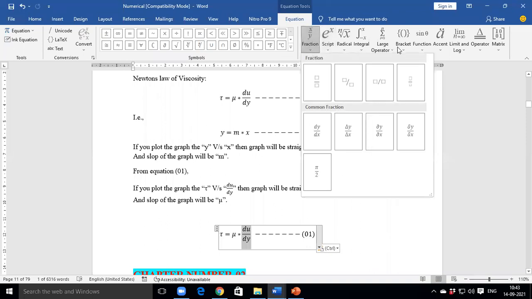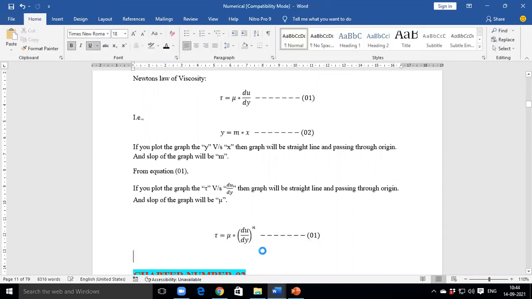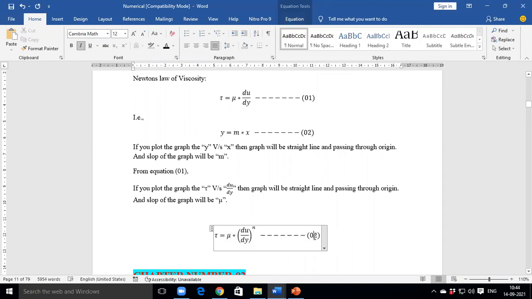In this equation, there will be a power, suppose a number n. Understood? Sorry, this is equation number 3. Is equation number 3 visible?